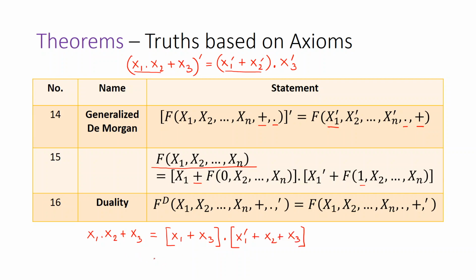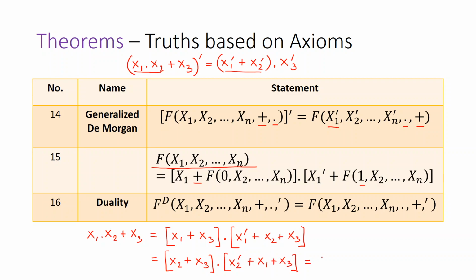And if you had chosen, suppose, x2 as the variable to be taken out, you could have taken x2 out as well. So it would be x2, then you have to replace x2 with 0, so you get x3, then x2 dashed, and you have to replace x2 with 1, you would get this.